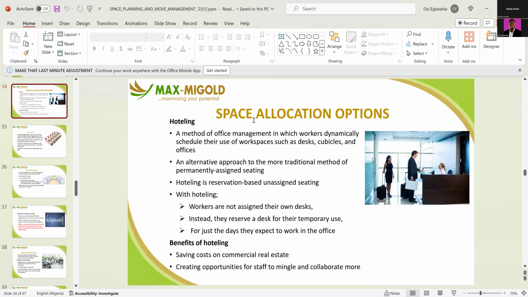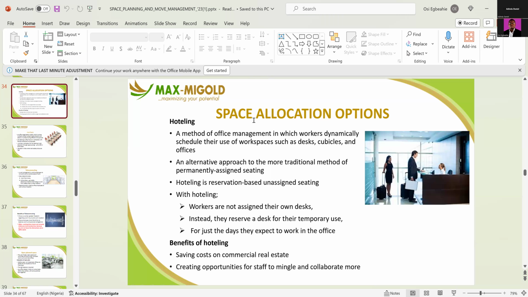It is a method of office management in which workers dynamically schedule their use of workspaces such as desks, cubicles, and offices. It is an alternative approach to the more traditional method of permanently assigning seats to individuals.